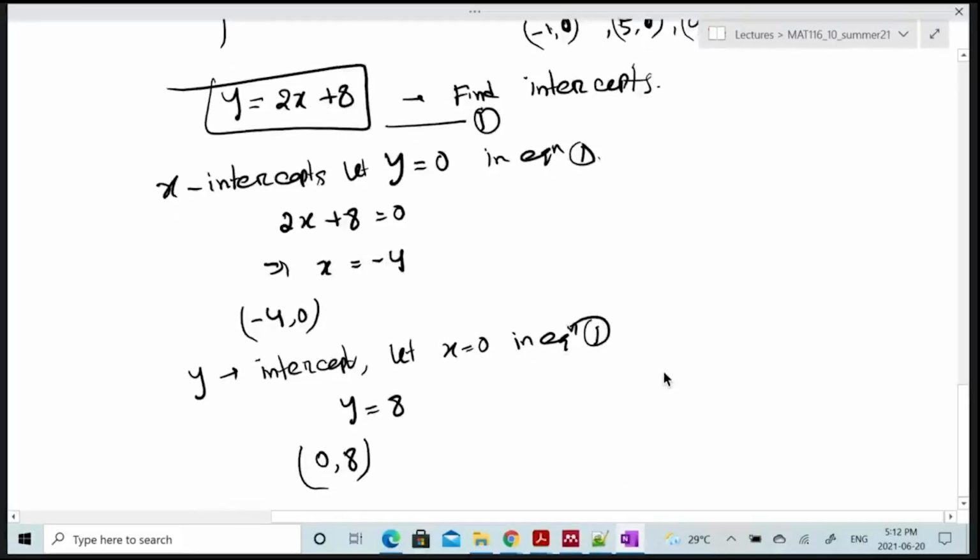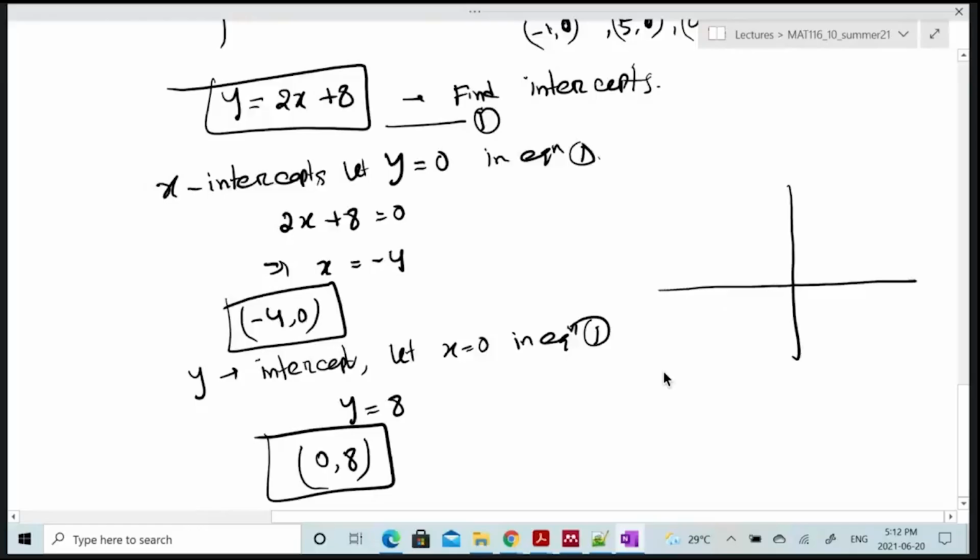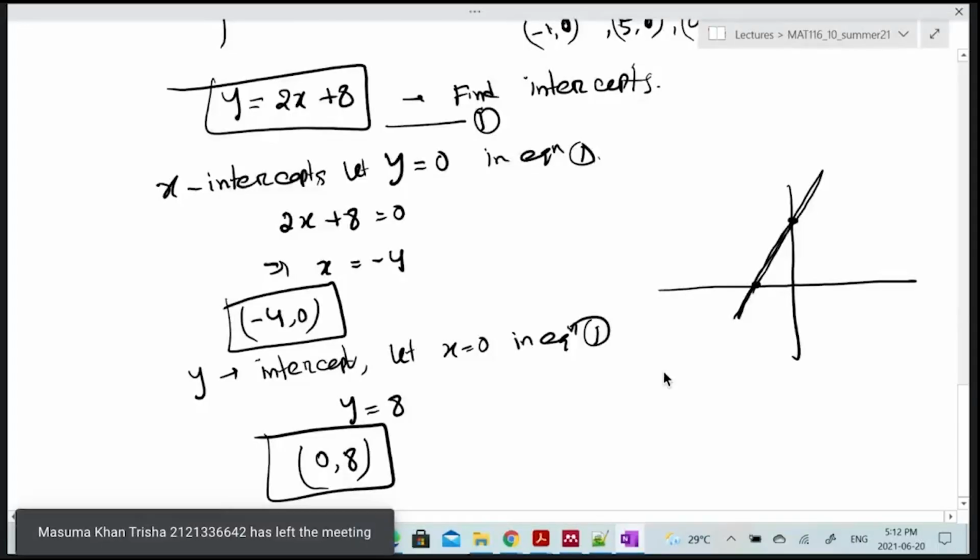Now look, we have two points, minus 4, 0 and 0, 8, and we're going to draw the graph of 2x plus 8. So I just plot 0, 8 and minus 4, 0, and join them. And that's it.